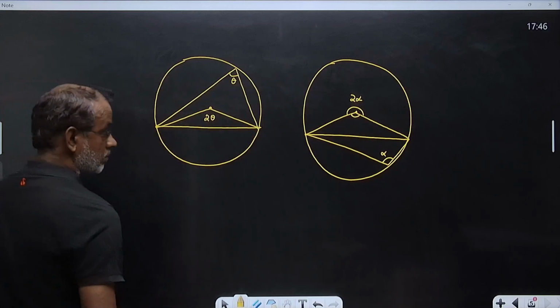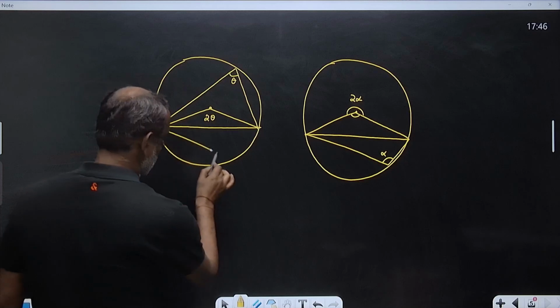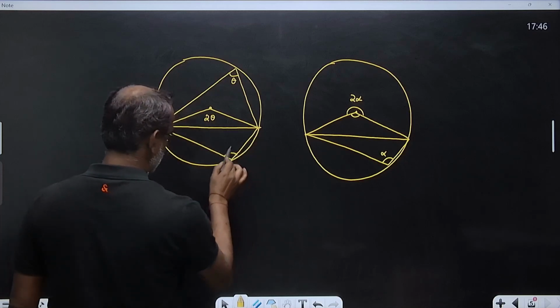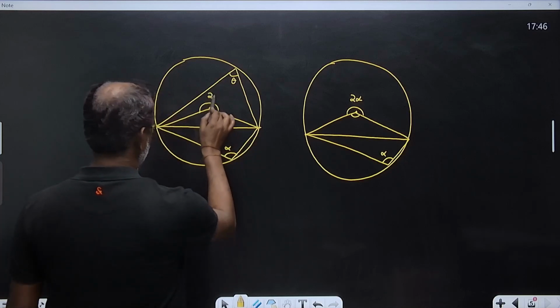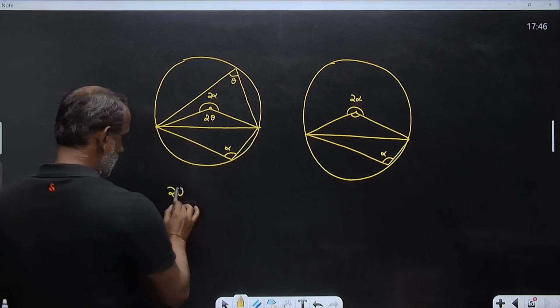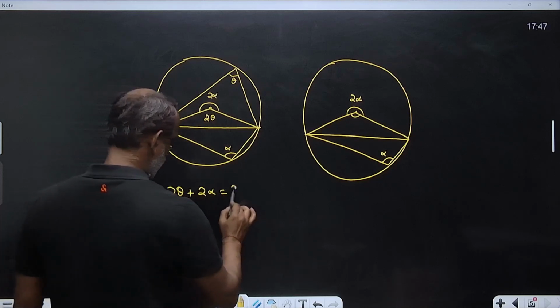meaning thereby that 2 theta plus 2 alpha is 2 pi.